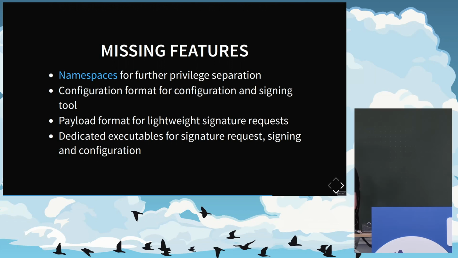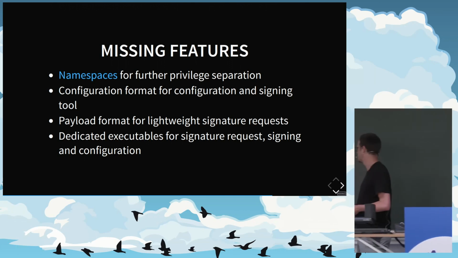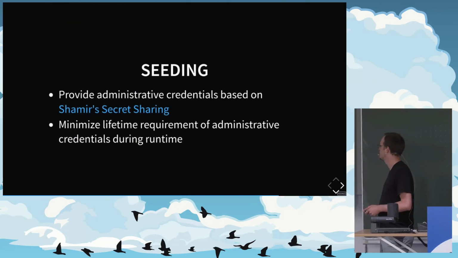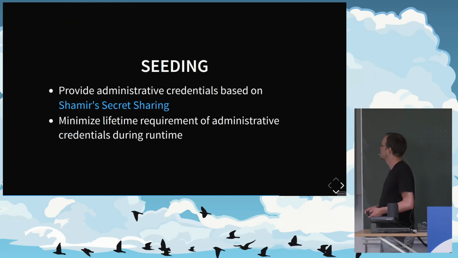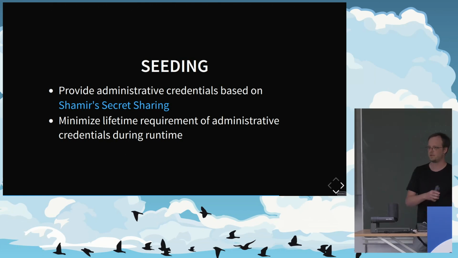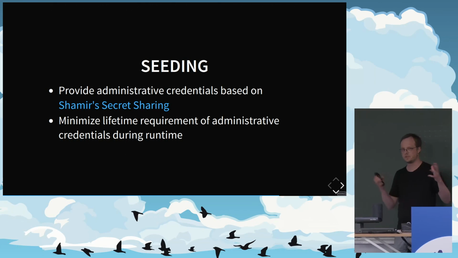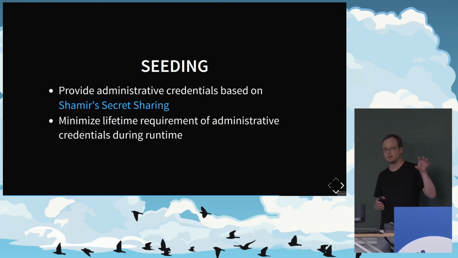Yeah, the dedicated executables I've already shown in the previous slides. There's still an ongoing question and brainstorm session around how best to provide administrative credentials. We have currently arrived at most likely using Shamir's secret sharing to have an n out of m set of parts of a secret that is then used to configure the HSM.